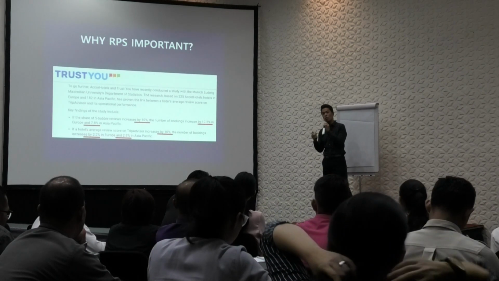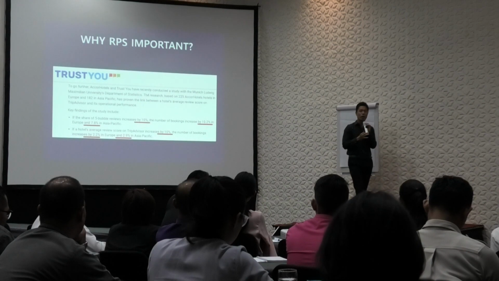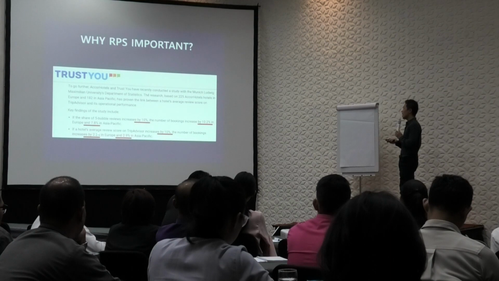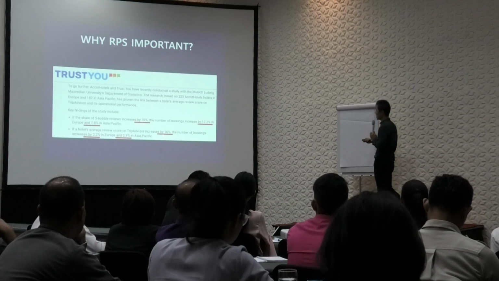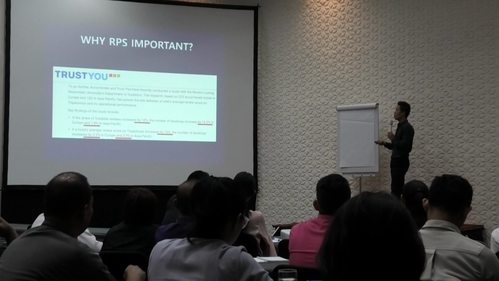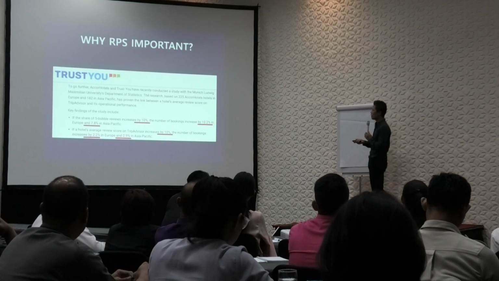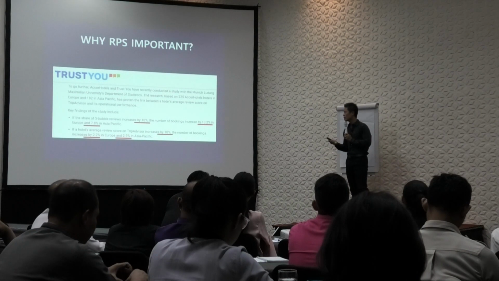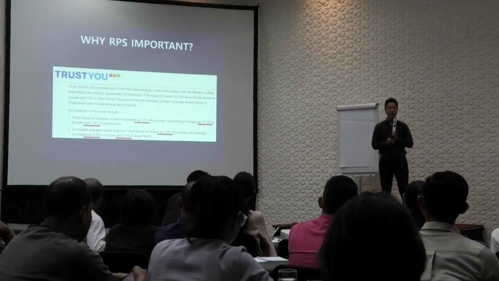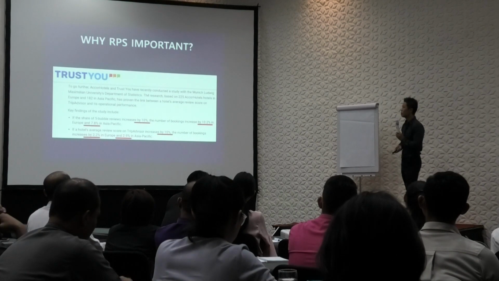So we can see how important it is to look after our reputation online. If hotel average review score on TripAdvisor increased by 10%, the number of bookings increased by 2.2% in Europe and 2.9% in Asia Pacific. So that is another result from this research done by Accor and TrustYou only 4 years ago.